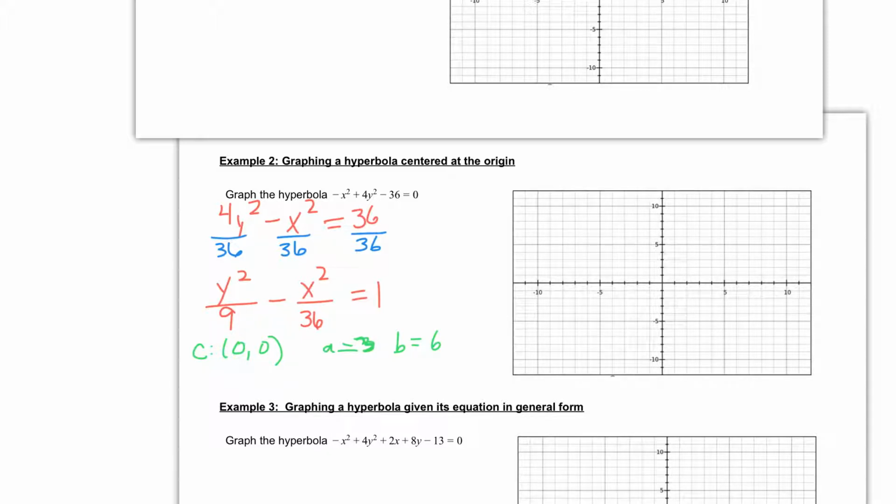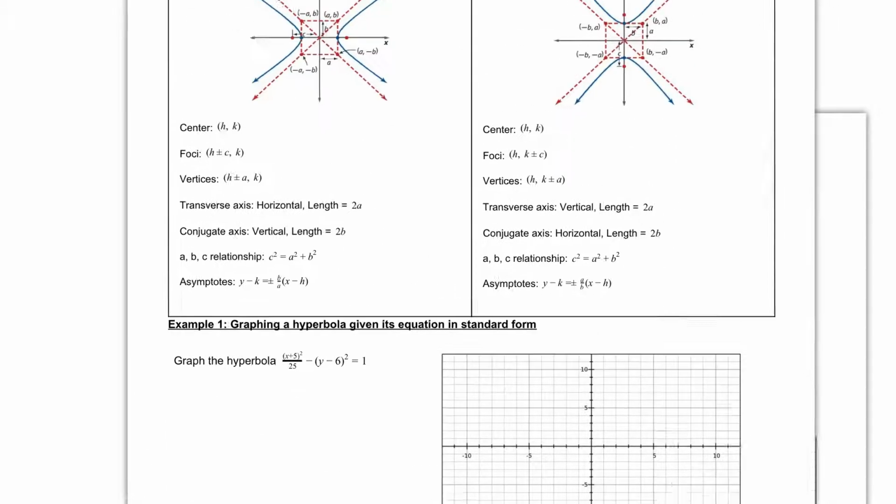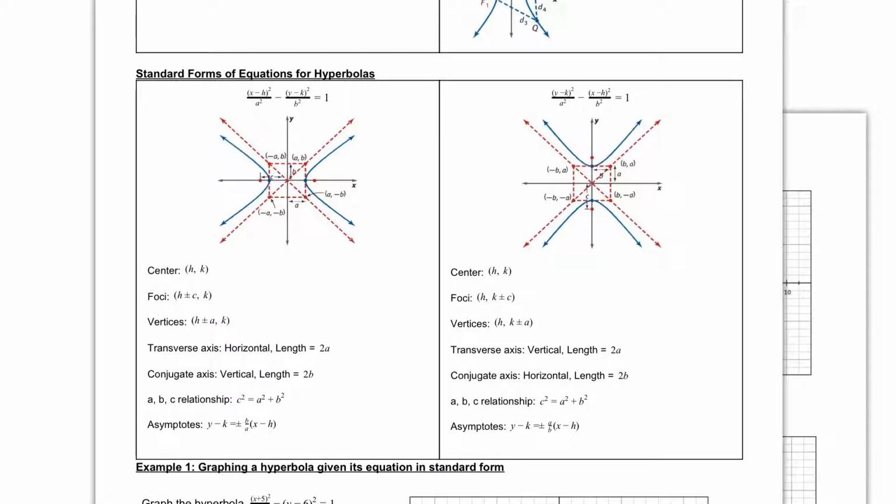Now I need to look at my transverse axis and my conjugate axis. So I'm going to scroll up real quick to look at our formulas. We have the y squared first this time. So since our y is first, we are looking here where our hyperbolas are going to open up and open down. My transverse axis is my vertical, and my conjugate this time is my horizontal, with lengths of 2a and then 2b.